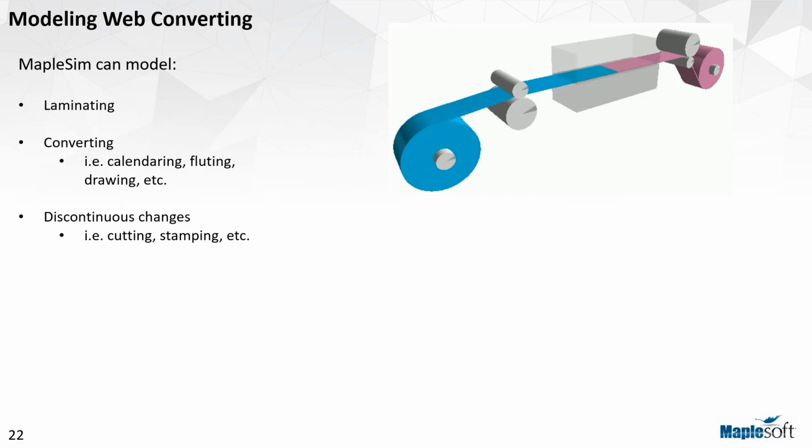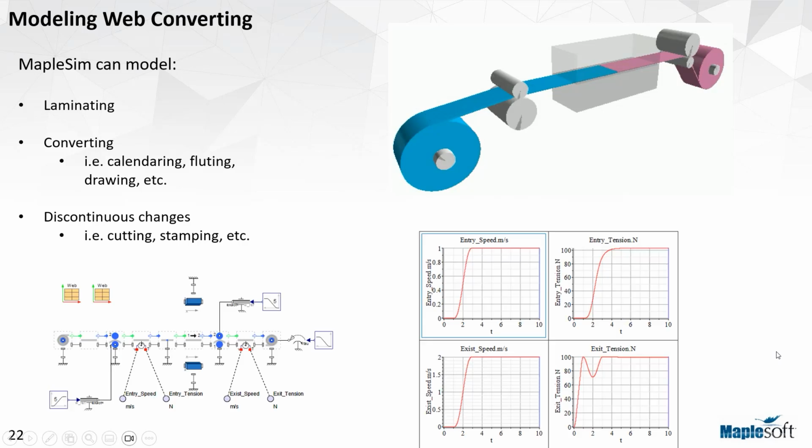So we can look at modeling laminating, which is taking multiple webs and merging them into one web. We can do converting, which is the actual converting of one web to another web utilizing conservation of mass. That's what this little example is showing on the screen, taking one web of one specific set of web properties and converting it to a web of another set of properties.